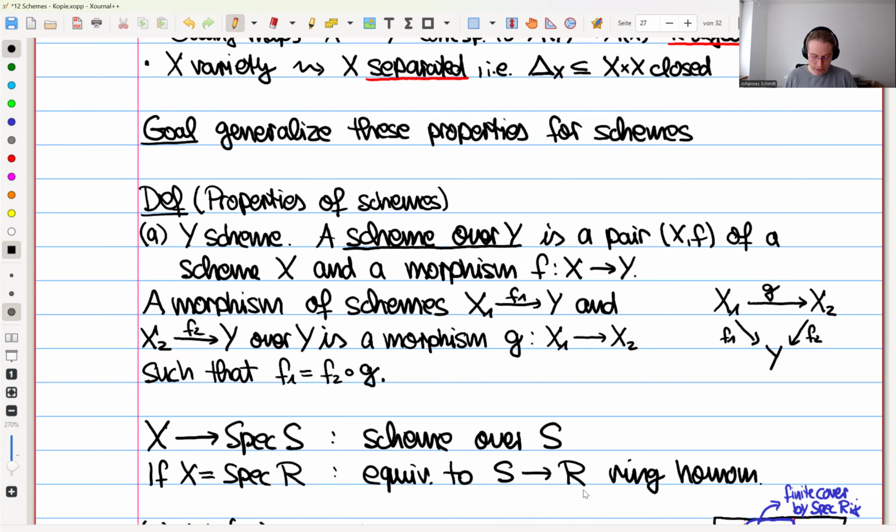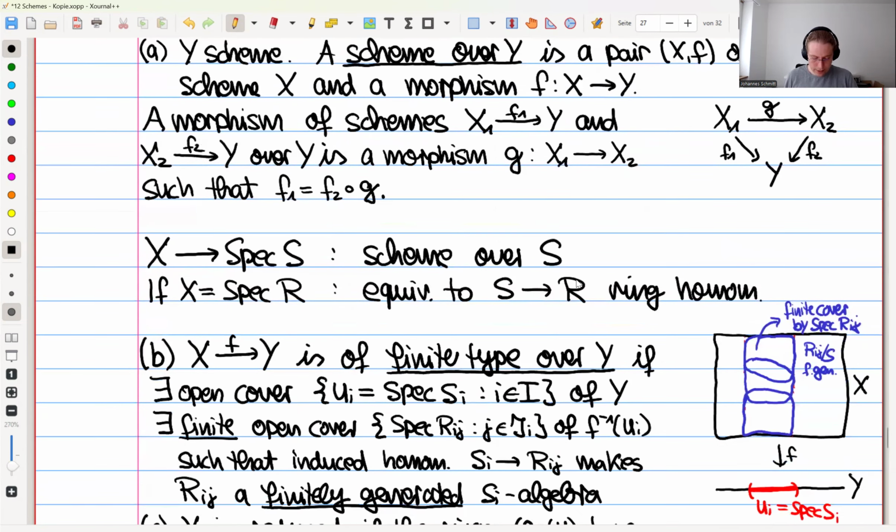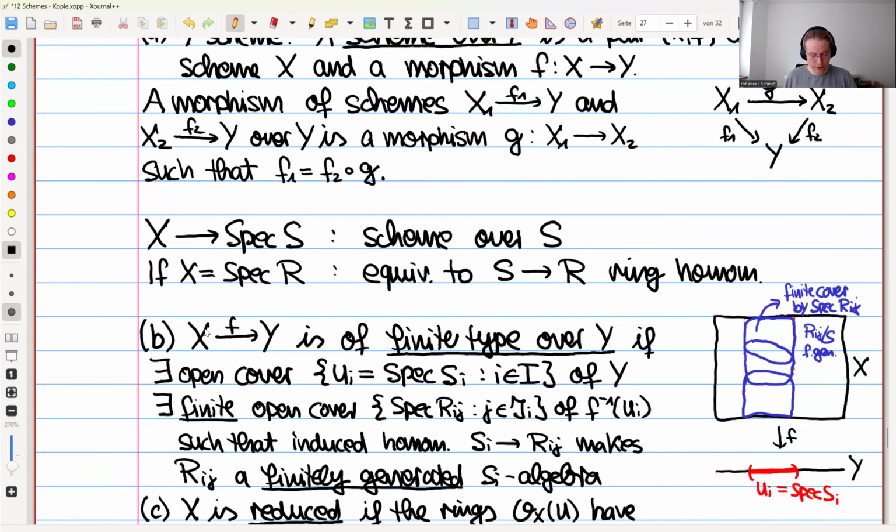So this is the first property, being a scheme over Y. And in a certain sense, this is not a property of this abstract scheme X, but it's additional data that we impose.